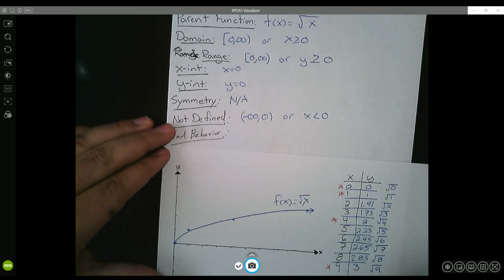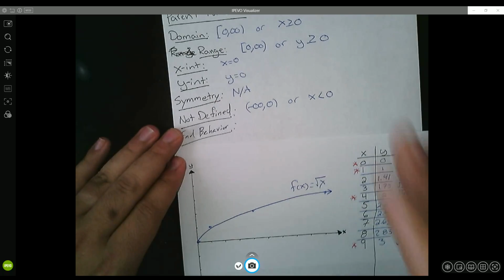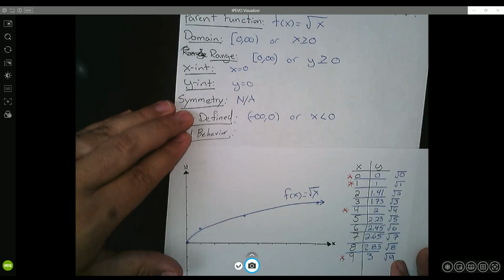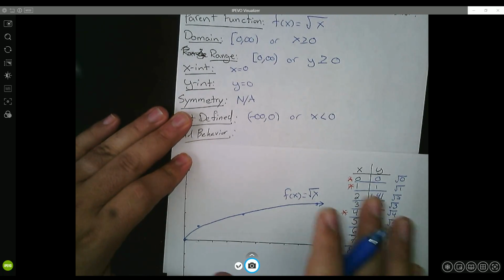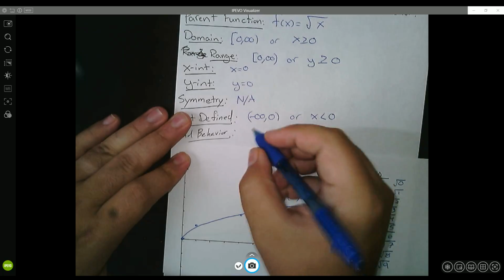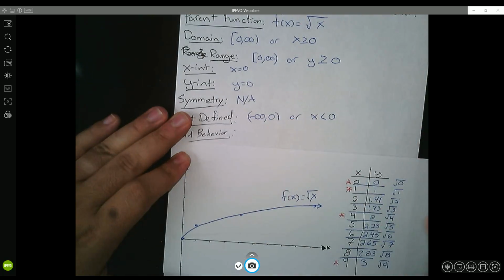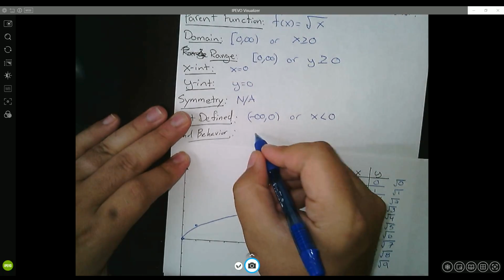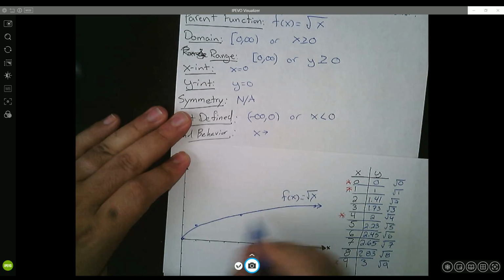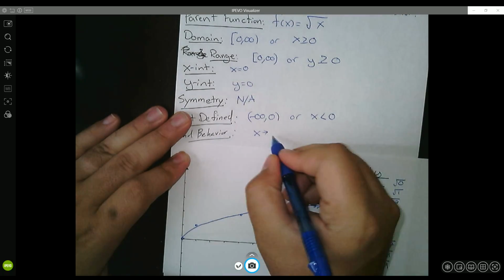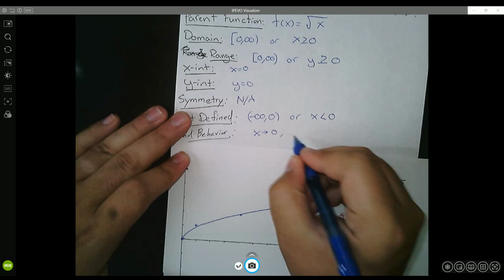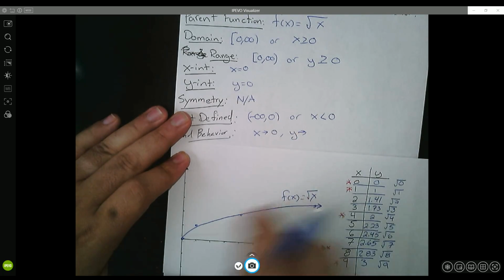For end behavior, we want to know what's happening as this function goes to the right and to the left. So as we go to the right, what is happening? Well, as we go to the left, what's happening? So the first thing we're going to do is say as we go to the left. Well, as x approaches the left, it actually approaches the number this time. It approaches 0. Well, as x approaches 0, what does y approach?